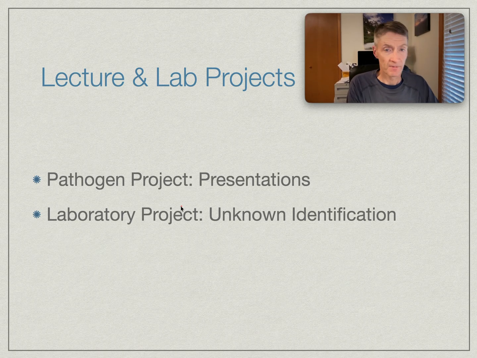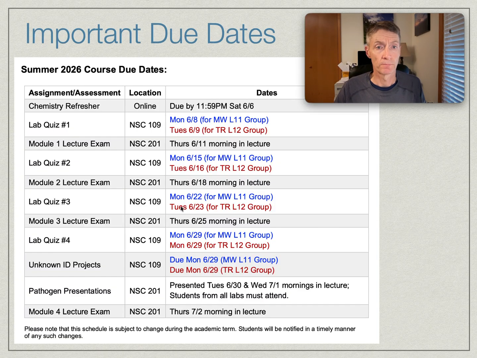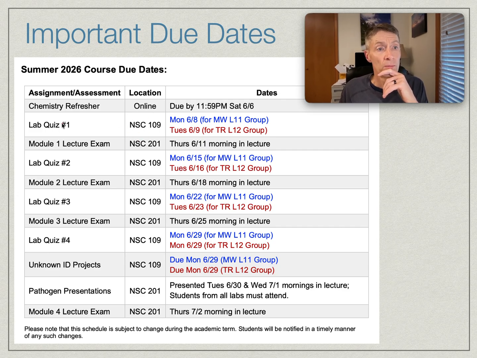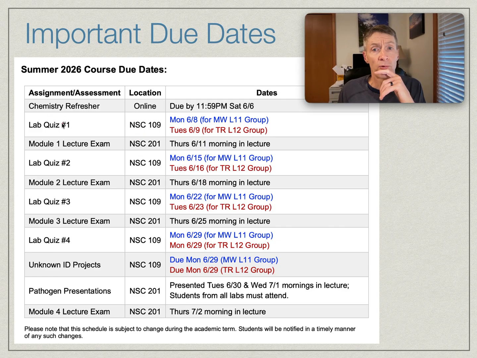Let's see, the last thing. This is the calendar, guys, that you will see on your syllabus on the 3rd page. It shows the chemistry refresher assignment, only online thing we got, right? Locations, location for the lab, right?